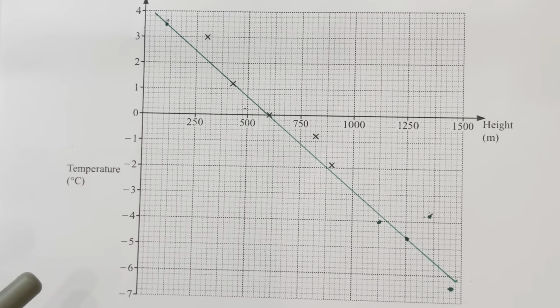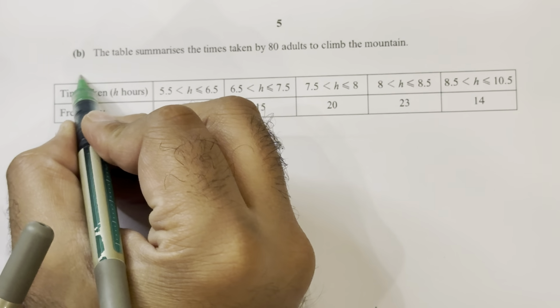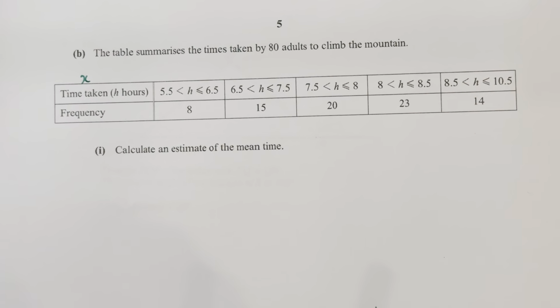Okay, B part. The table summarizes the time taken for 80 adults to climb the mountain. Calculate the estimated mean. So calculating the mean, first we have to calculate the x.